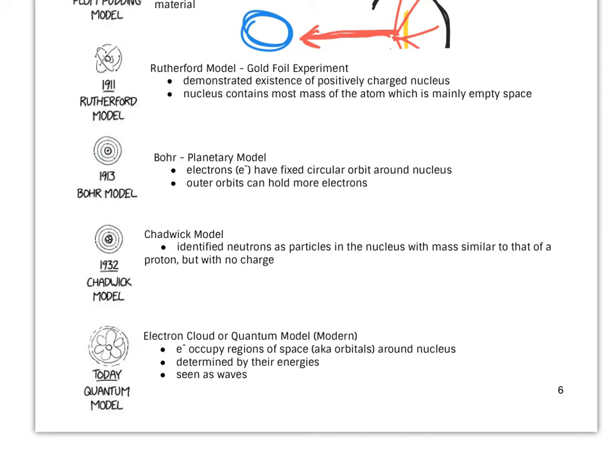But he thought that the electrons, instead of jumping around randomly like Rutherford thought, have a fixed circular orbit around the nucleus, kind of like the planets circle the sun. He also hypothesized that the outer orbits can hold more electrons.